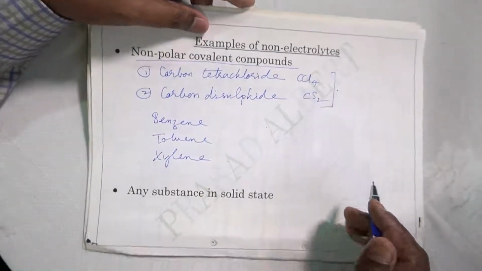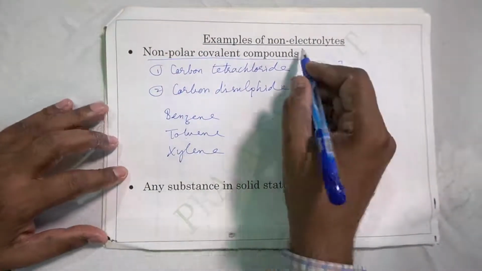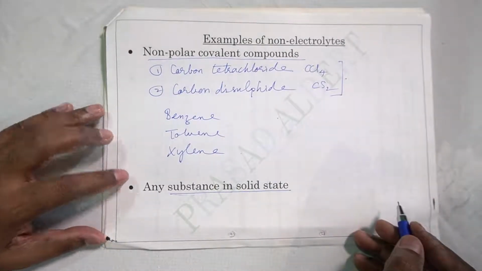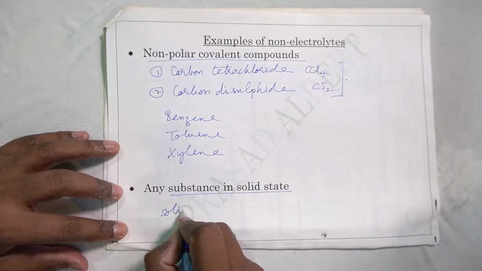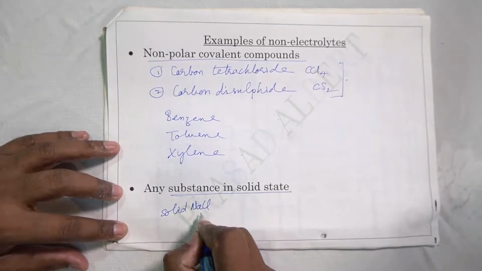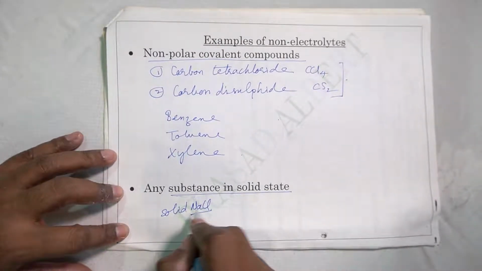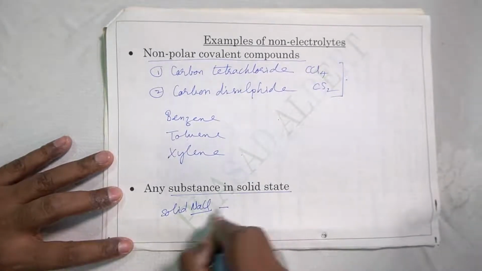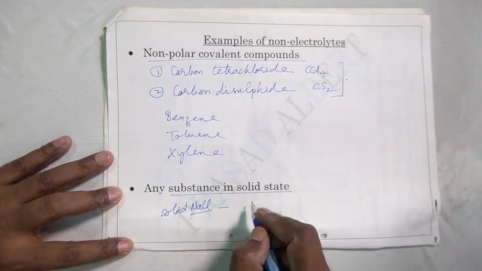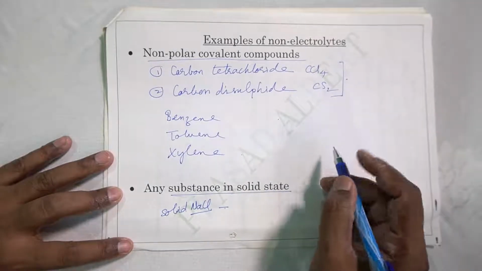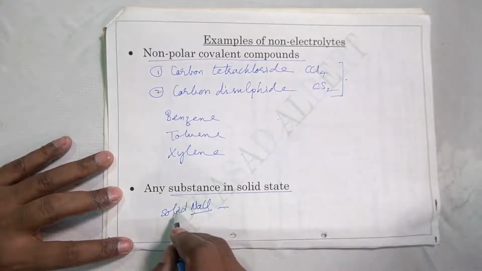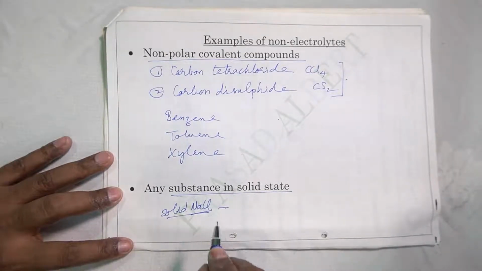Okay, now the second example for non-electrolytes: any substance in the solid state is a non-electrolyte. Example, solid NaCl. We have seen NaCl in the solid state has no free mobile ions. It has ions, but they are not mobile, so it does not conduct. It's a non-electrolyte. The aqueous form and molten form are strong electrolytes, whereas in the solid state it is a non-electrolyte.